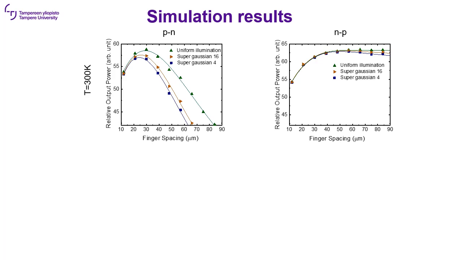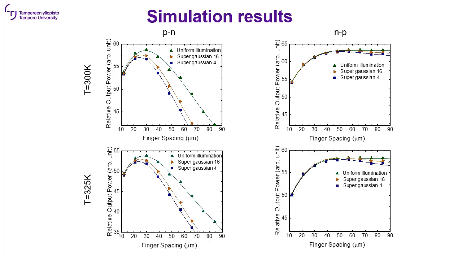This is due to the difference in the top layers of the layer structure. Since the PN junction has a P-type material as the top layer, which has a smaller majority carrier mobility, the electrical losses are larger in the PN junction than in the NP junction.